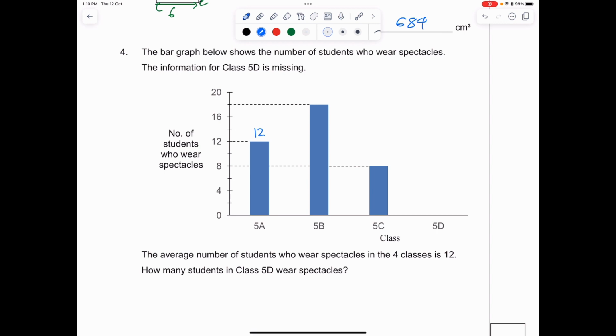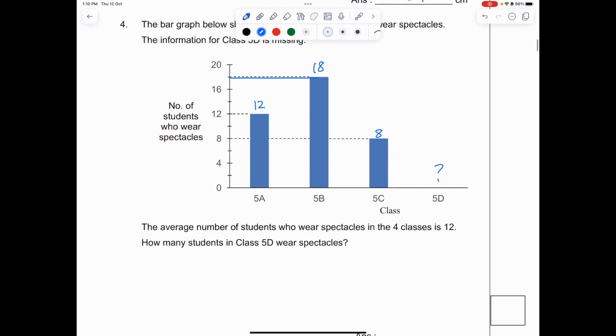So this is 12. 5B, you look at the interval between these two. Every interval is actually 2. So therefore this over here is actually 18. And then 5C is 8. So the one in question is 5D.